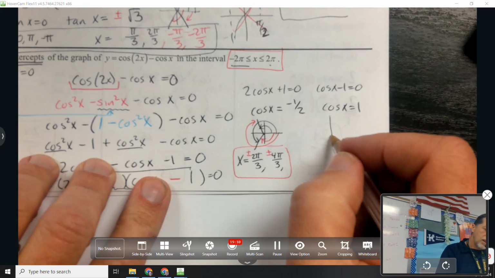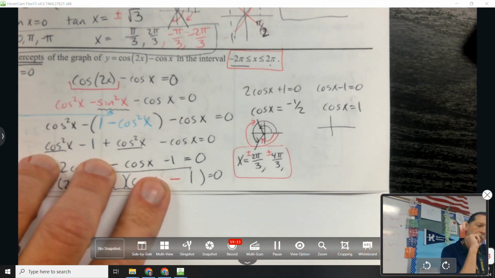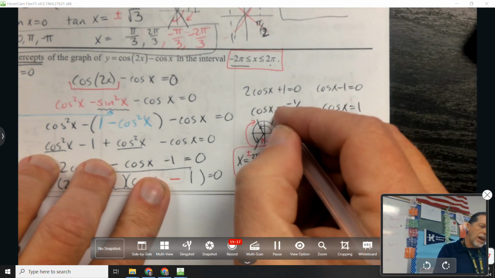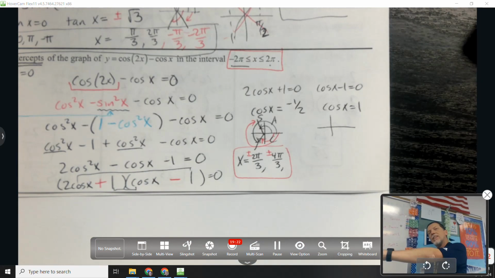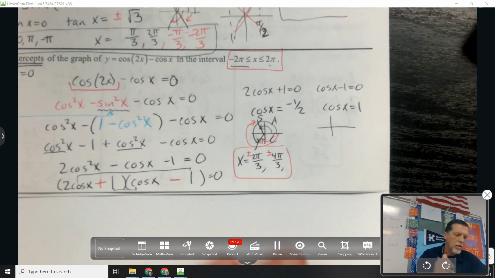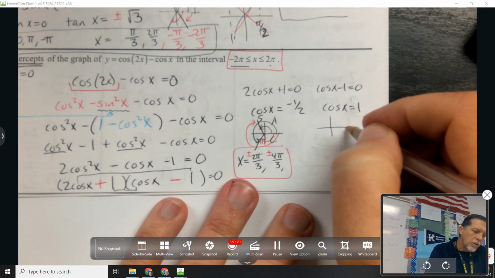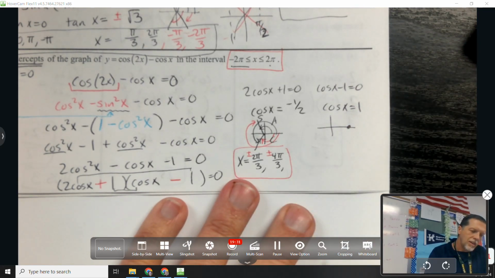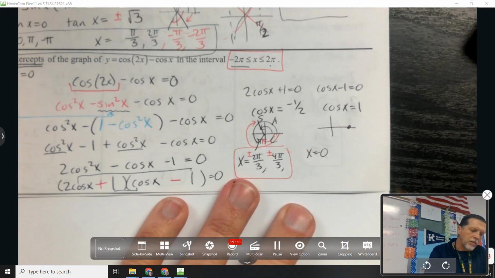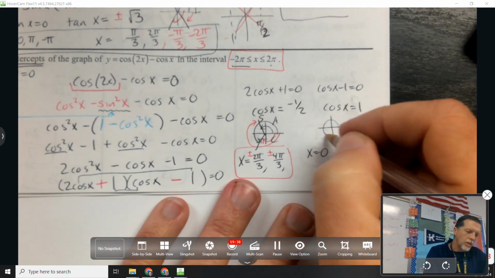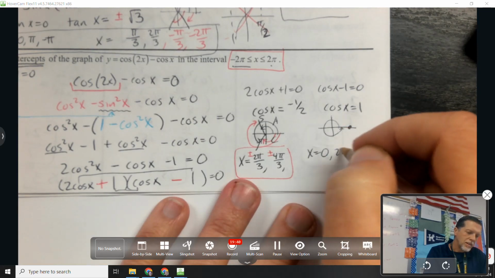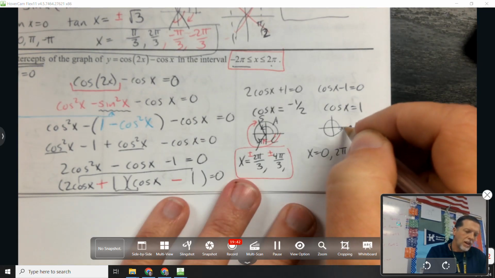Do we have to worry about the all students take calculus thing? Yes, but I would say I already worried about it when I said that the cosine is negative on the left. Okay. So I'm only going to be in the second and third quadrants. Cosine is 1 over here on the right. So normally I would just think of that as 0, but I could go all the way around. And I could go backwards all the way around.